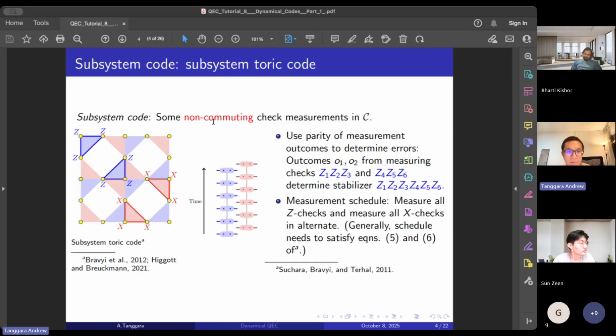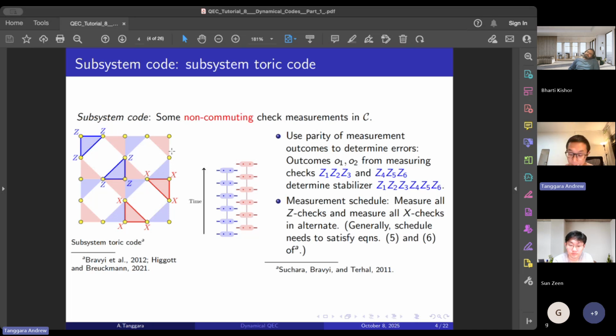But in subsystem codes, you have non-commuting check measurements. So if I take the same lattice that you've seen before for the toric code, and I add qubits on the vertices, I can get the subsystem toric code if I define these 3-qubit X and Z measurements on these blue and red triangles.